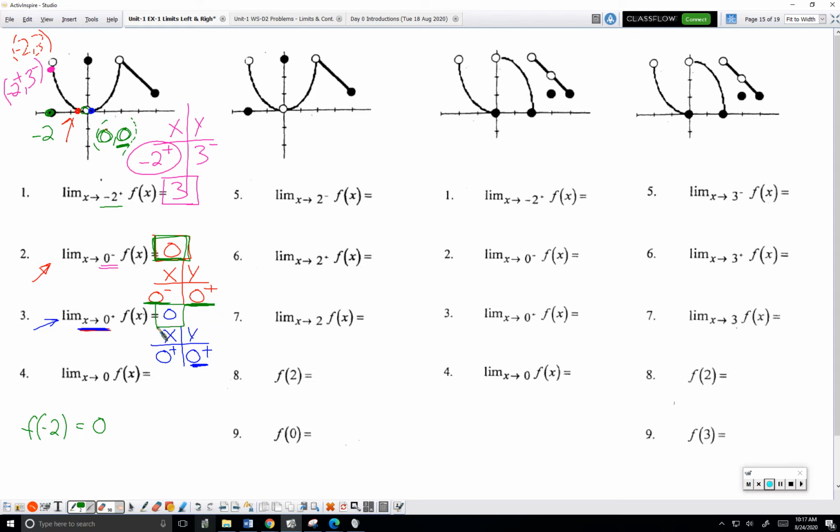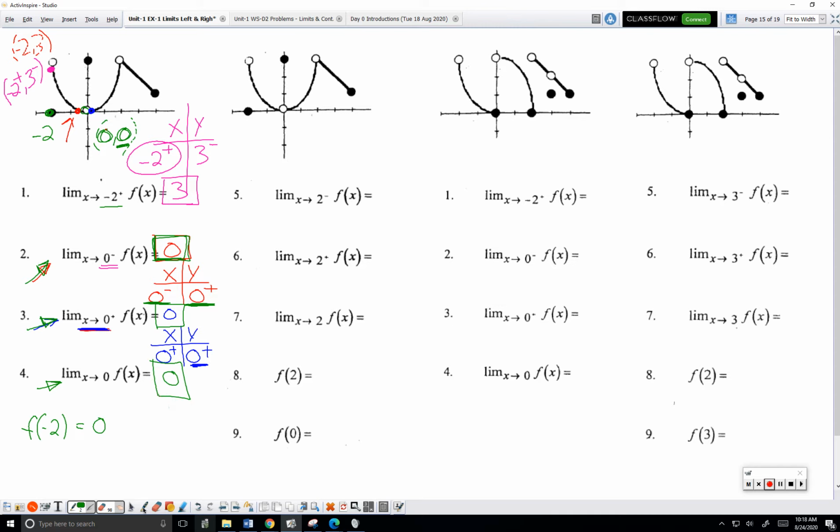Similar here. To answer this question, I do not look at the graph. I simply compare the answer to my left-hand limit, the answer to my right-hand limit, because both of those limits are 0. This is 0. So I do not look at the graph.